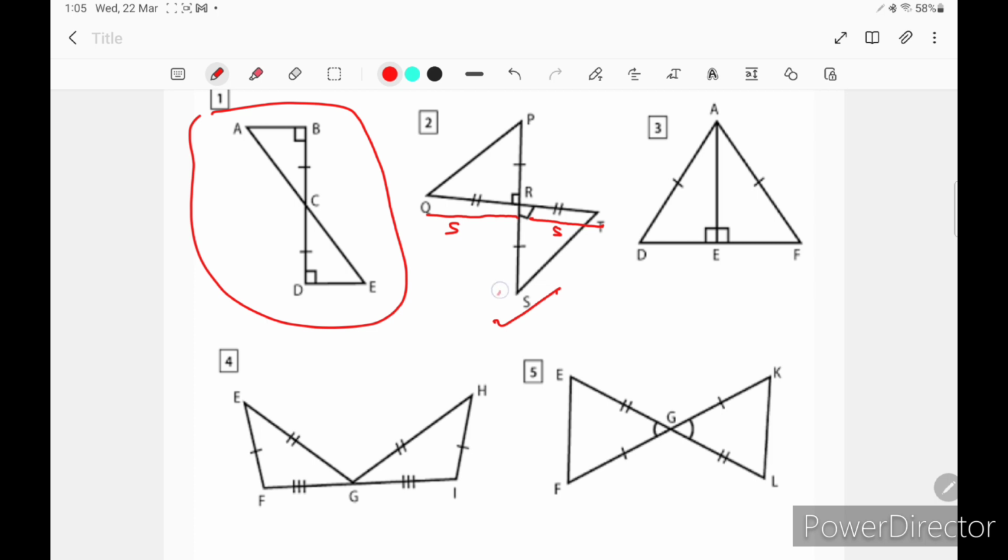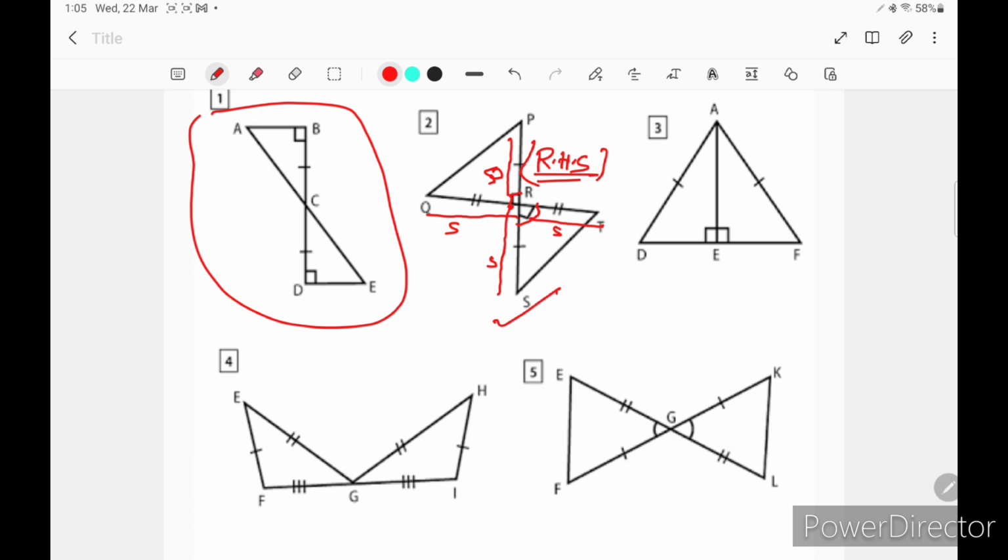Second, segment SR is equal to segment PR. One more side is given. Third, angle R is equal to angle R, that means angle PRQ is equal to angle TRS. That is your 90 degrees. So by which property are the given triangles congruent? RHS.